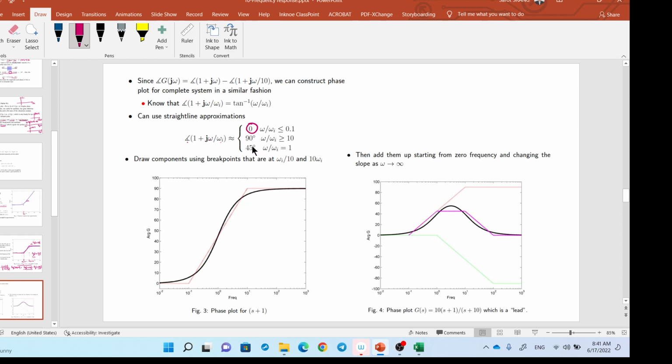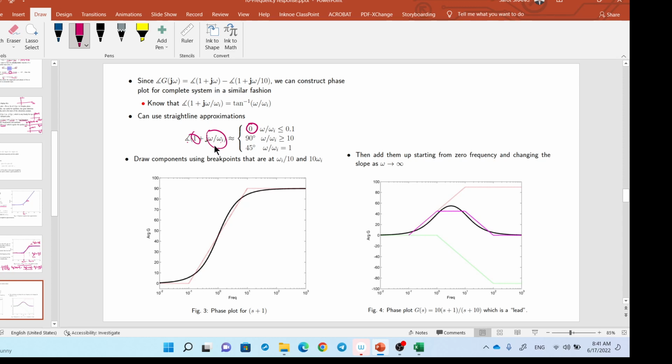And the second limit is that omega is much greater than omega I. So this term is much higher than this term, which means you have almost a pure imaginary number.